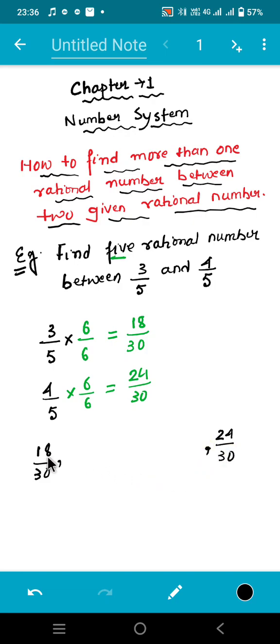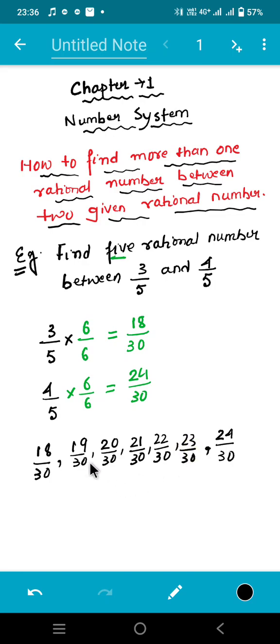Now you have to write any five rational numbers: 19 by 30, 20 by 30, 21 by 30, 22 by 30 and 23 by 30. These are the five rational numbers between 18 by 30 and 24 by 30.